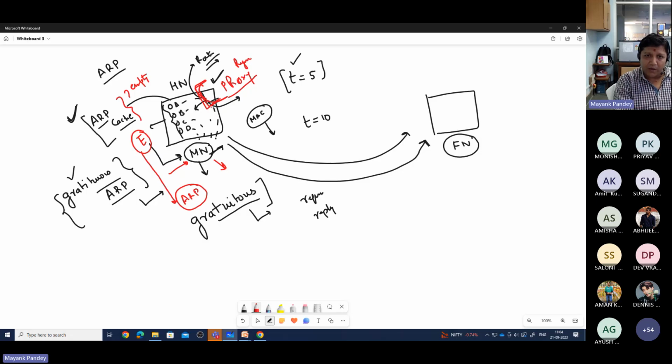So the home network or home router will also receive this ARP broadcast and see whether this IP address has moved away. If that mobile node has moved away, then the home agent will send a reply as a proxy with its own MAC address to E, saying that the MAC address of this mobile node is this. So these two, proxy ARP and gratuitous ARP, have a role here.